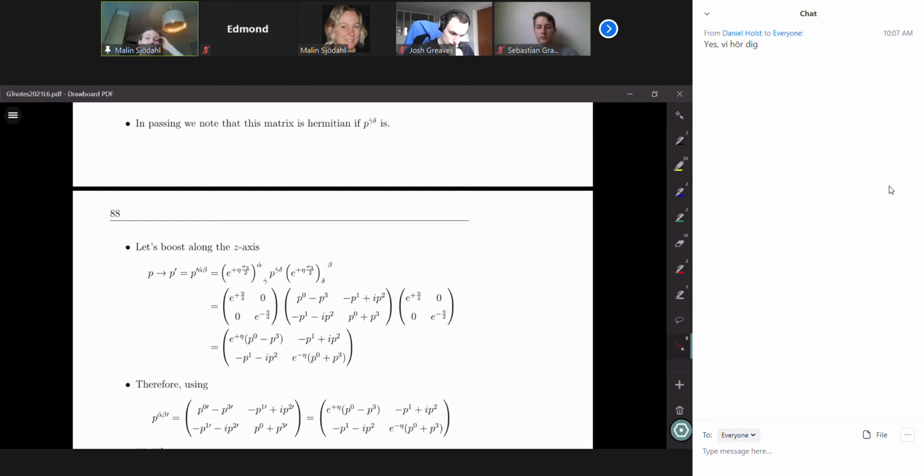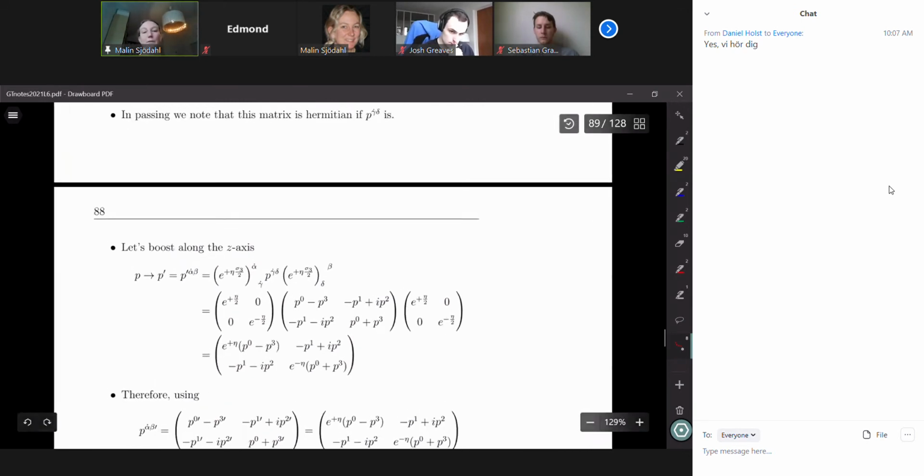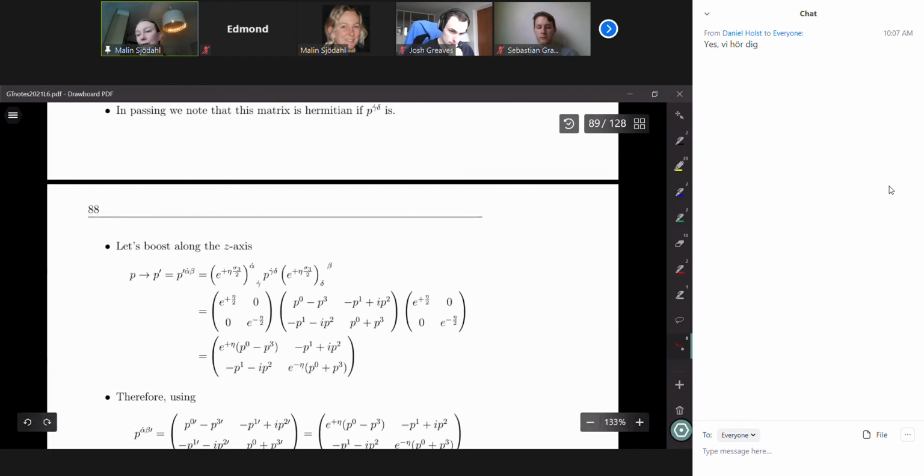Okay, so what's happening in the next step is that this is just written out. Recall here that my sigma 3 is diagonal, 1 and minus 1. So exponentiating this diagonal matrix is trivial, it's just exponentiating the matrix elements.